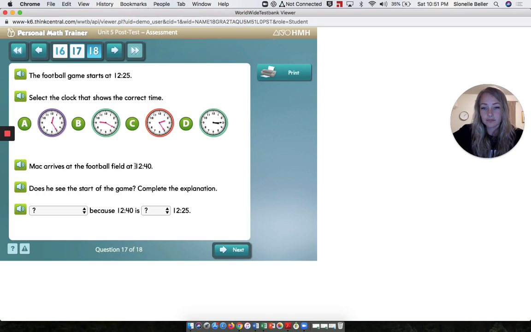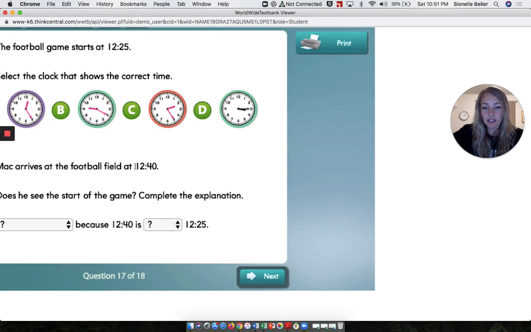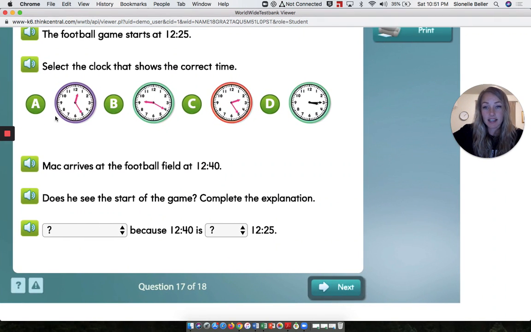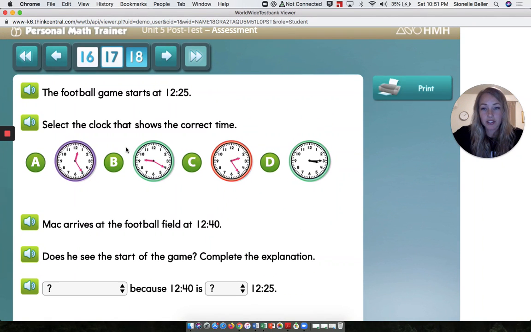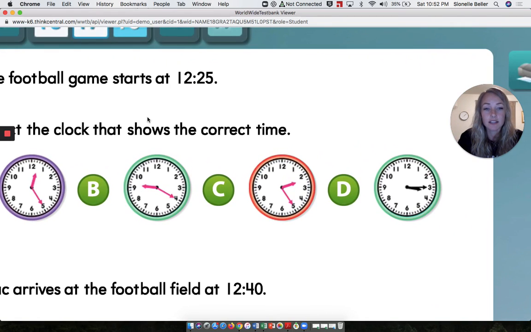All right, this one looks like it has a couple different things that you have to select, okay? So let's make sure we answer all the questions. The first one says, the football game starts at 12:25. Select the clock that shows the correct time. So the hour is 12, so it's going to be in the 12s.